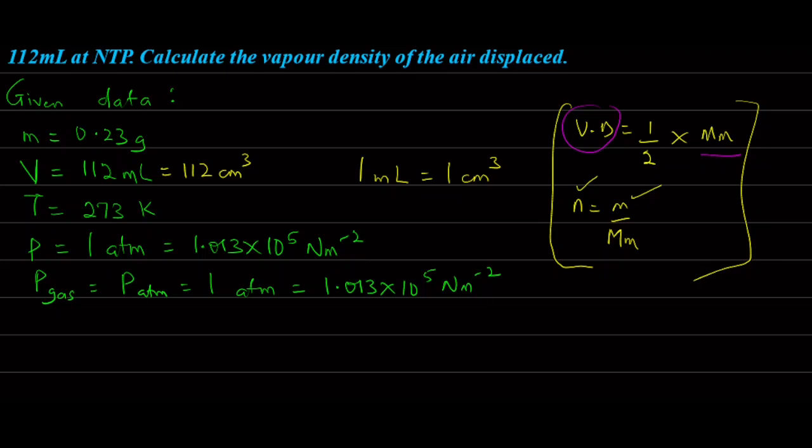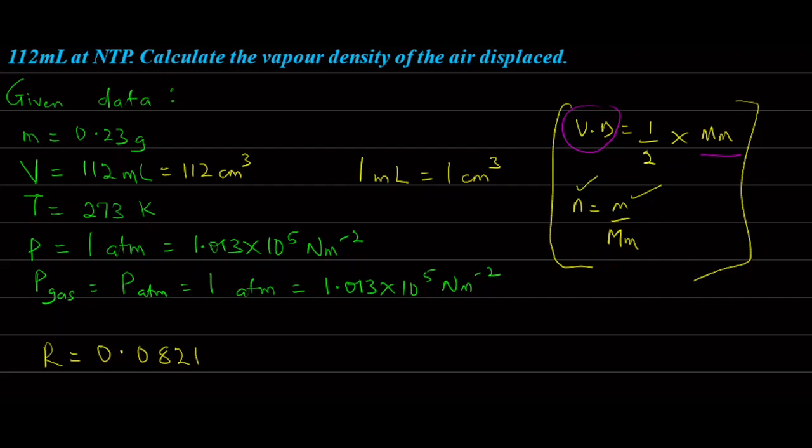Let's convert our volume from centimeter cube to dm cube. We have been solving questions that involve R to be 8.314 Newton meter per mole per Kelvin. But let's try to use the R that is given as 0.0821.